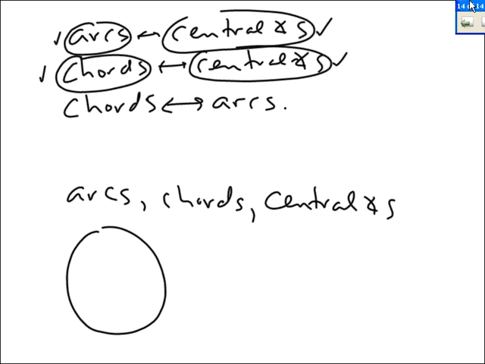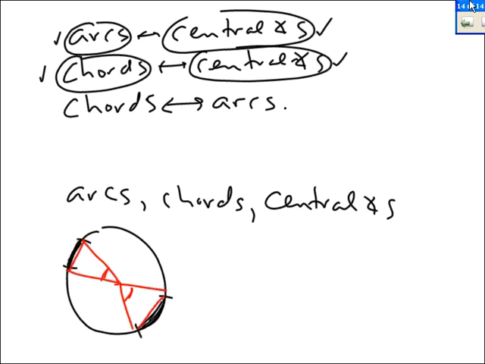In other words, if this arc is the same as this arc, that means the chords are congruent, and it means that the central angles are congruent. All or none. All three or none.